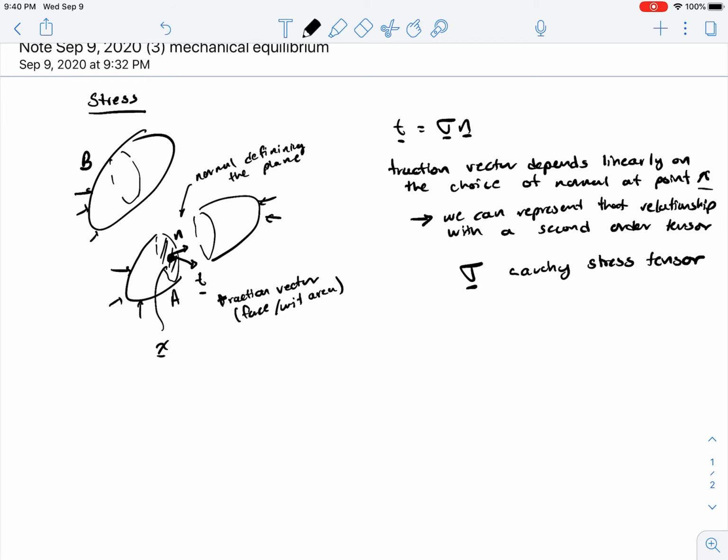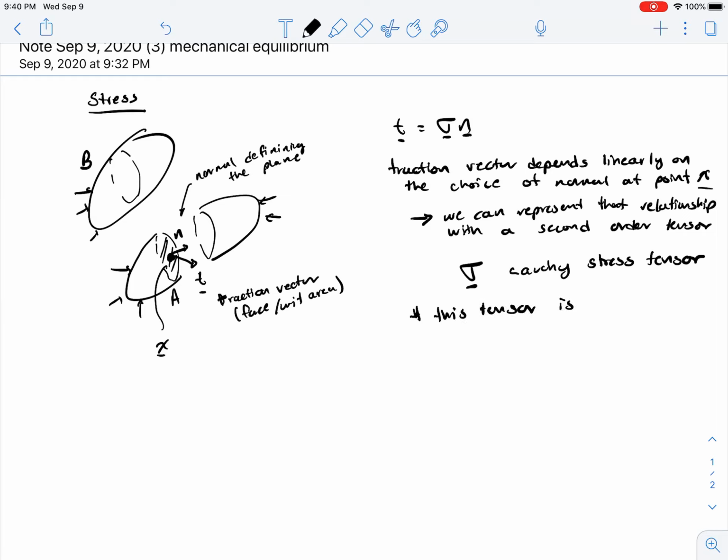The other thing that I would like to say, because it will come up later on, is that this tensor is associated with the deformed configuration.